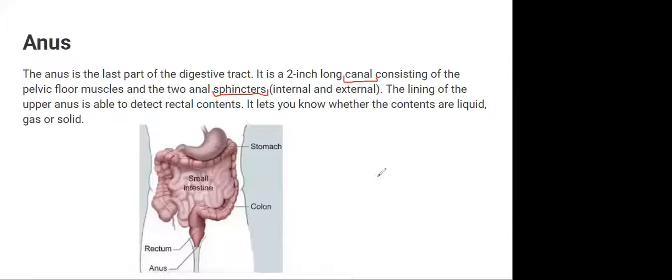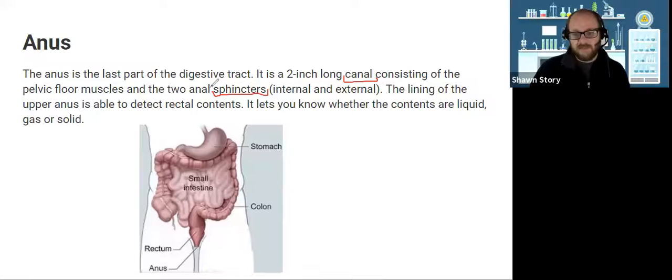The lining of the upper anus is able to detect rectal contents. It lets you know whether the contents are liquid, gas, or solid. Excellent. Perfect. Sphincters are almost like rubber bands. They're these little round muscles, and we've got two of them, and they can contract that way.